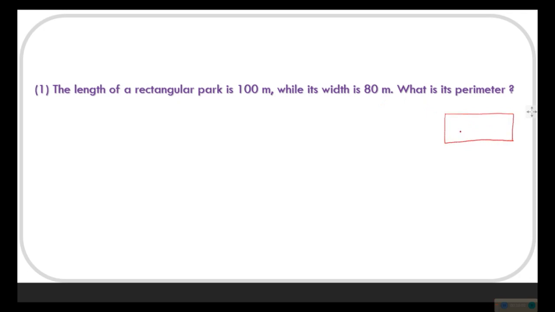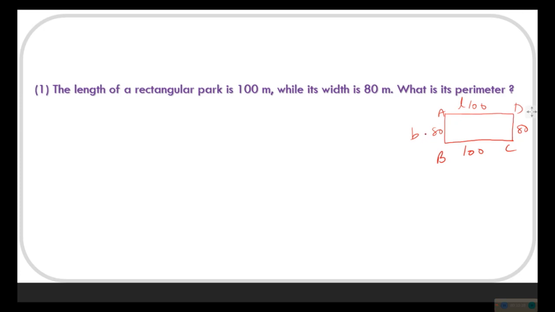Then you will name it accordingly, whatever name you want, like A, B, C, D. These are all conventions. And you will say the length of the rectangular park is 100, so write 100, and the width is 80, here also 80. We'll mark it as breadth, mark it as length, because then you will not make any mistake.